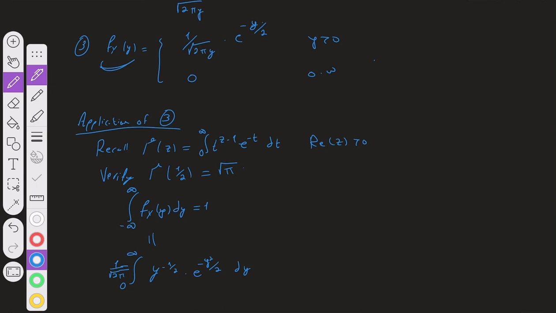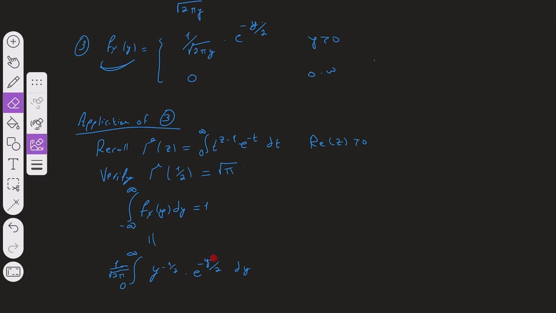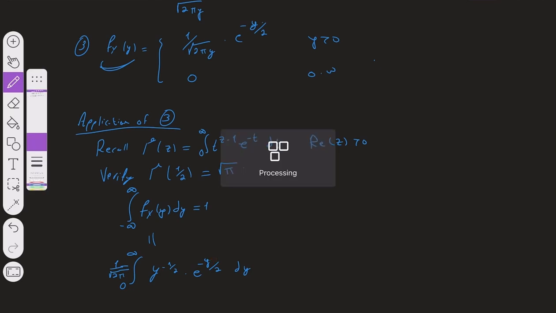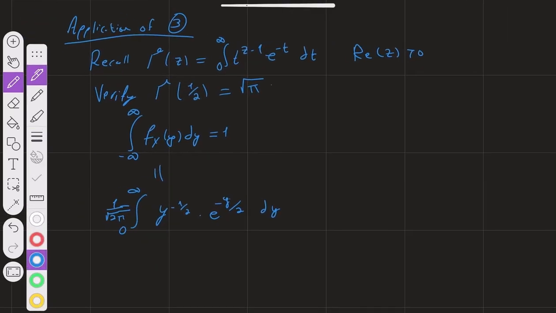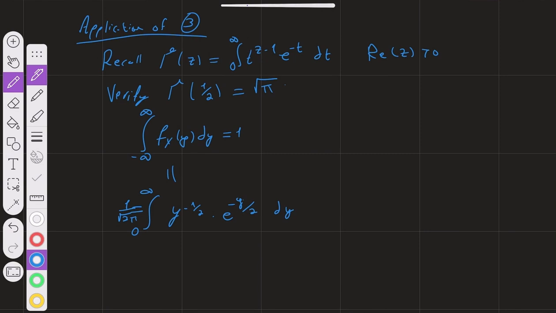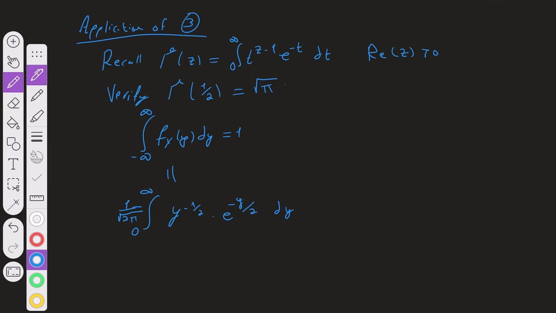So going back to the example, if we integrate that density function, this is what we have, and hence from here we see that if we do the change of variable, we let x be y over 2 and change this integral, it's going to be gamma at 1 over 2.